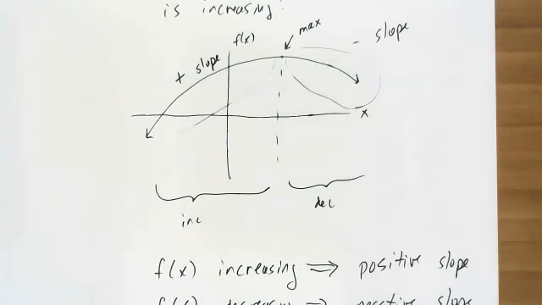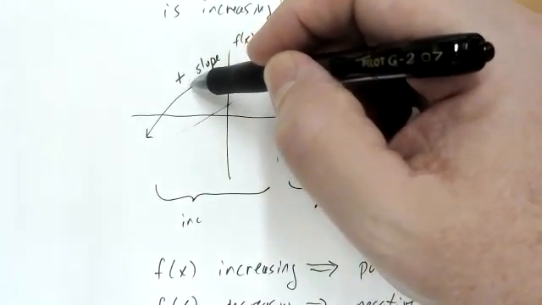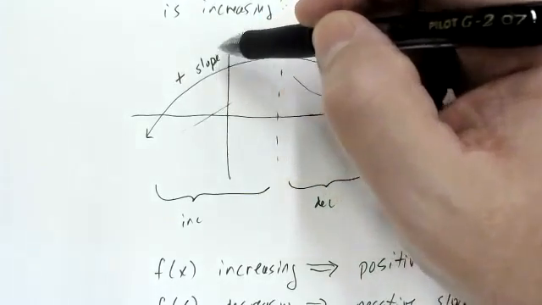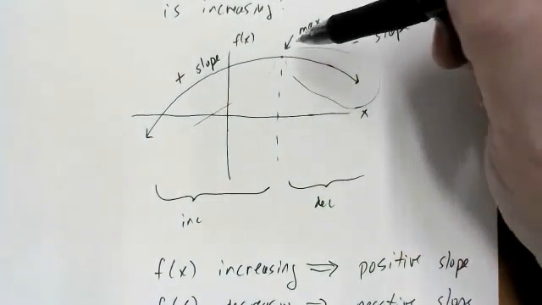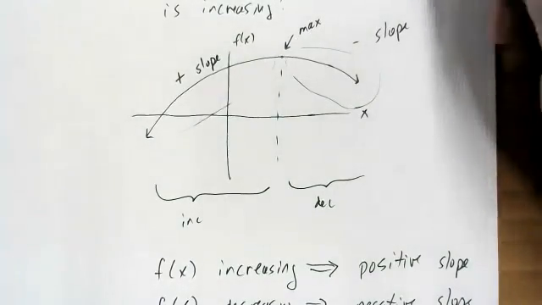Now, the slope is actually a number. So over here the slope could be 2, here it could be 3, here it could be a half. It's an actual number. What do you think the slope has to be at the maximum?